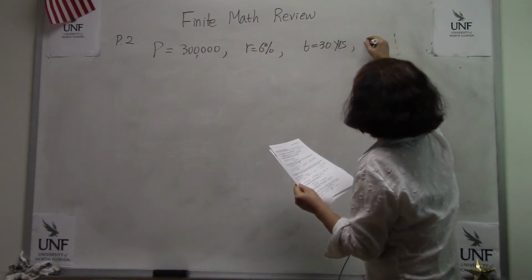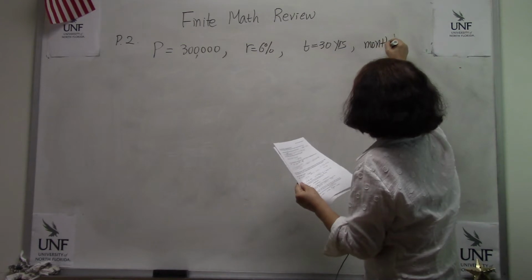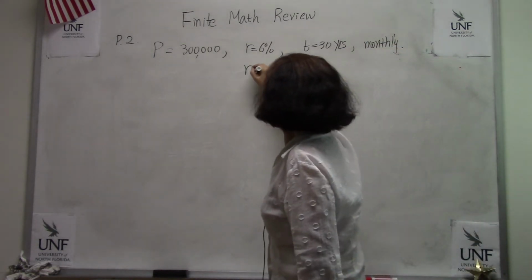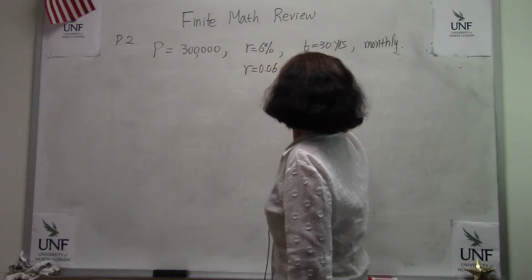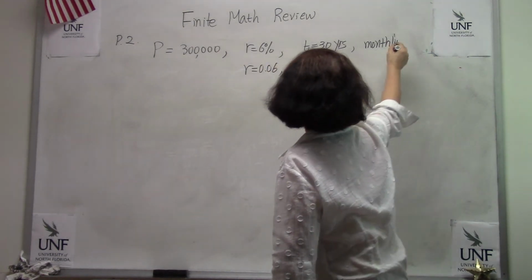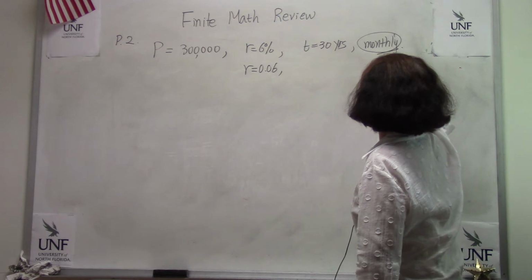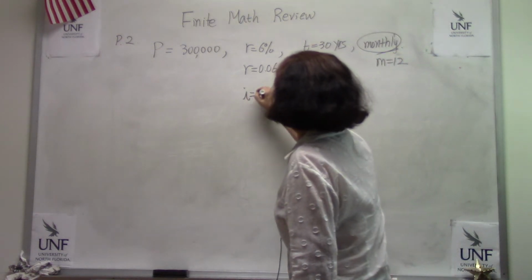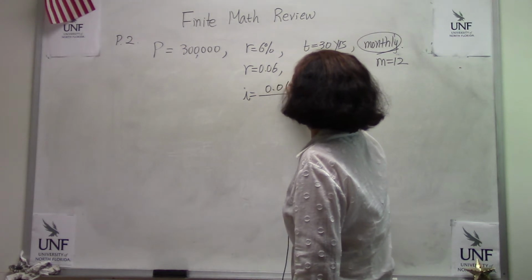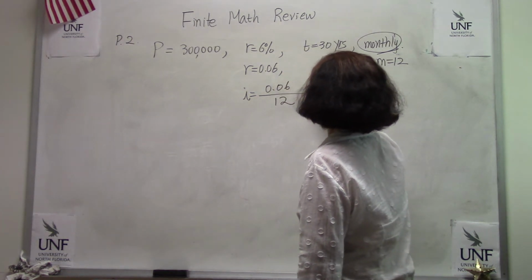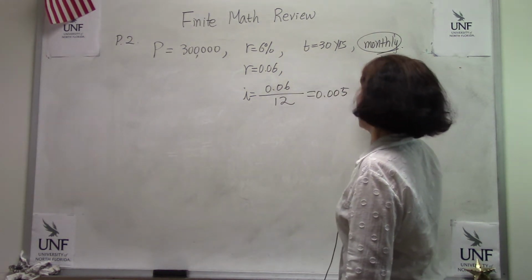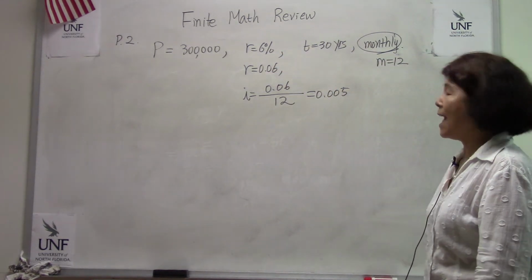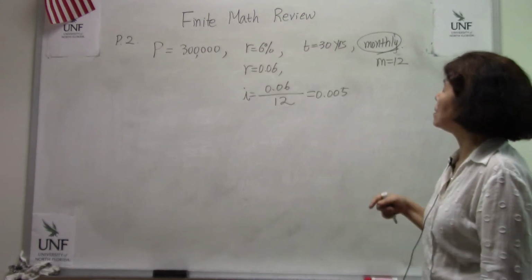So we summarize: R equals 0.06, monthly means M equals 12. Okay, so what is i? i is 0.06 divided by 12, that is 0.005. 6% for the whole year, so each month has 0.5%. Yeah, you can do it that way.